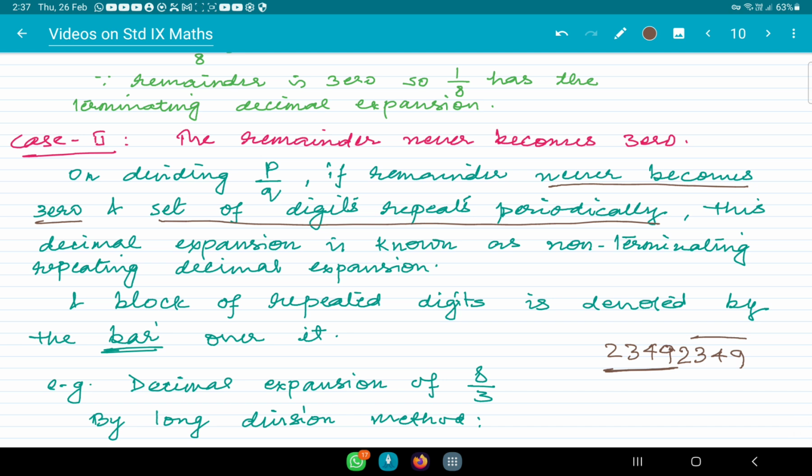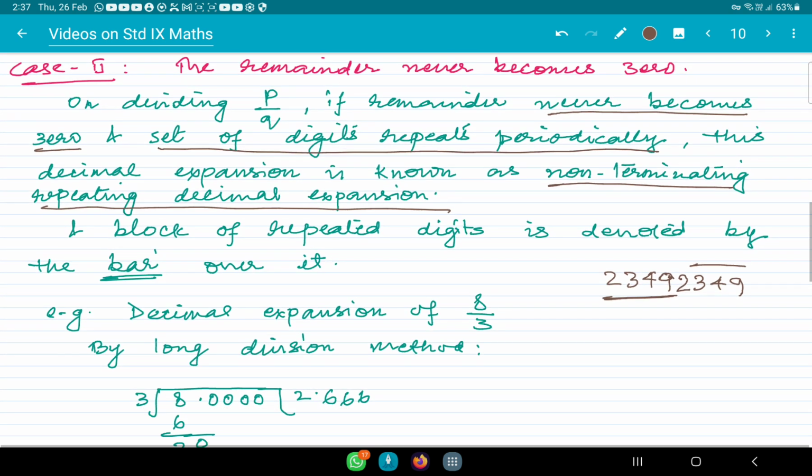They are known as a set of digits that repeats periodically. So on dividing p by q, if the remainder never becomes 0 and a set of digits repeats periodically, this decimal expansion is known as non-terminating repeating decimal expansion. And since these digits are repeating, how will we denote it?